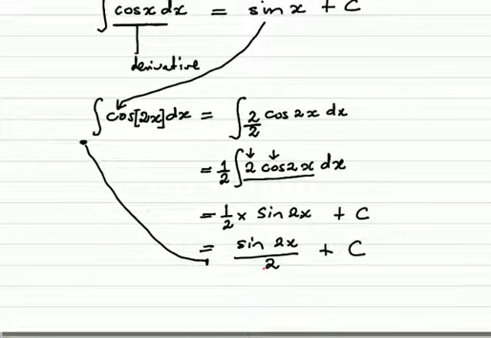Now, let's explore this further with some other functions. Let's think of a function like the exponential function. What we know about the exponential function: let's start with the natural base e to the power of x.